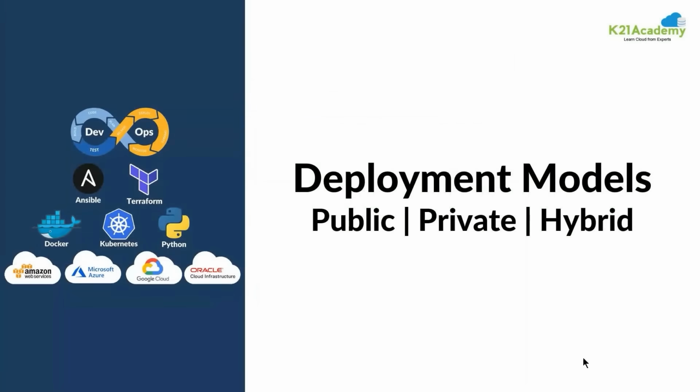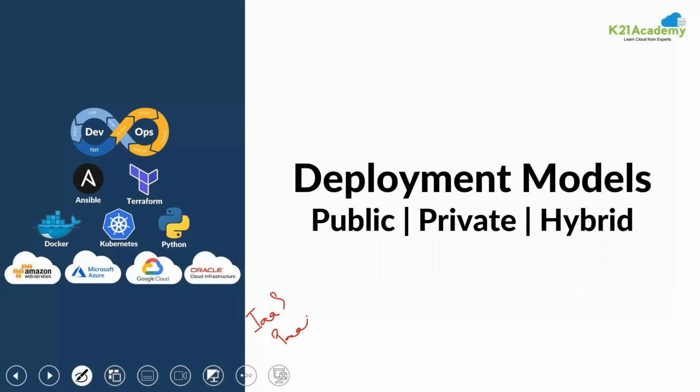Now, as I have told you, the cloud can be classified based on the service model in three categories: infrastructure as a service, platform as a service, and software as a service. And I have also told you that cloud is all about pooling the resources, right?